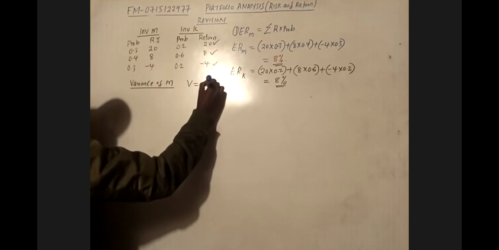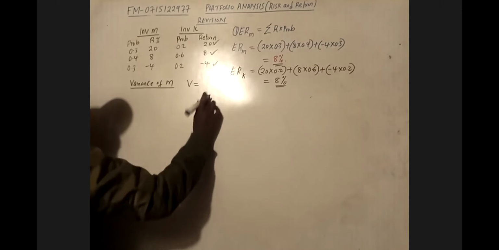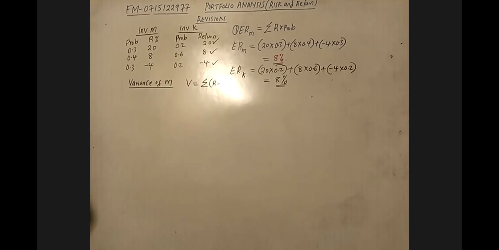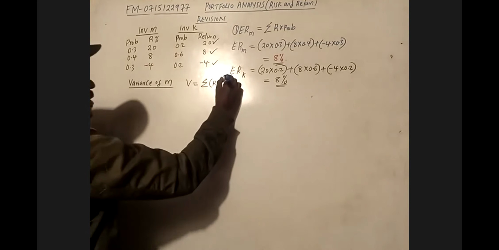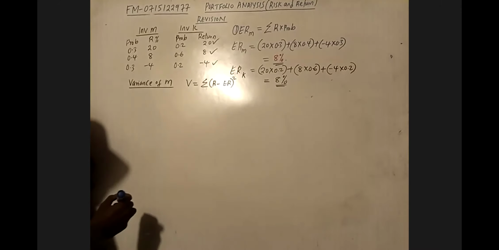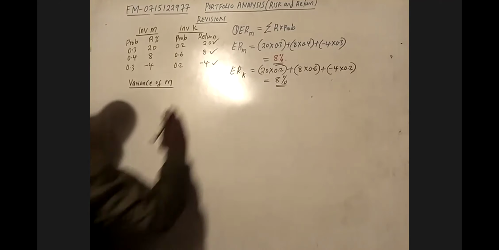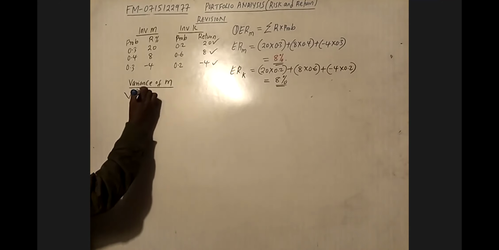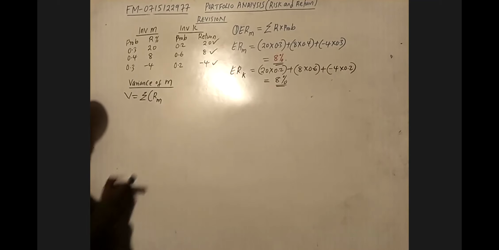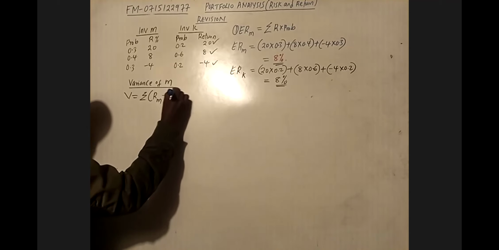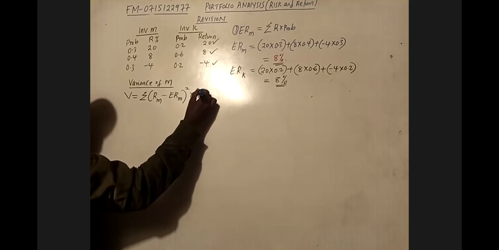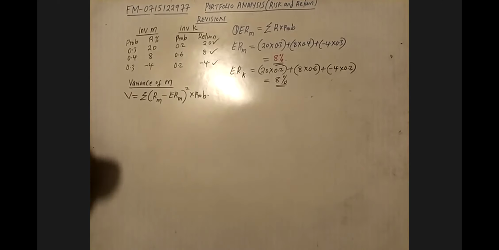The variance is equal to the summation of the return minus the expected return, in brackets squared, times the probability. So the return of investment M minus the expected return of investment M squared, times the probability.